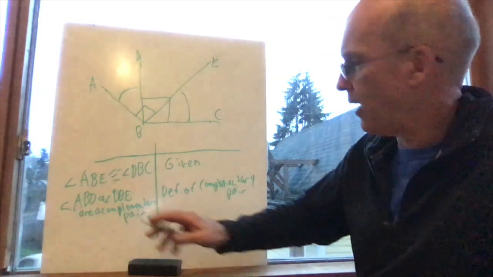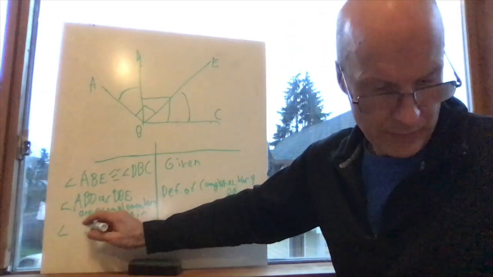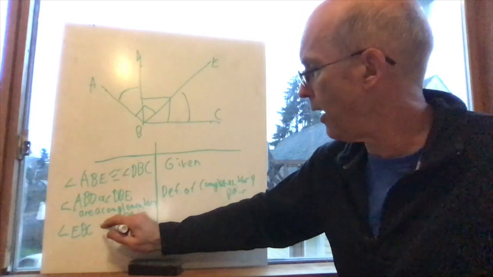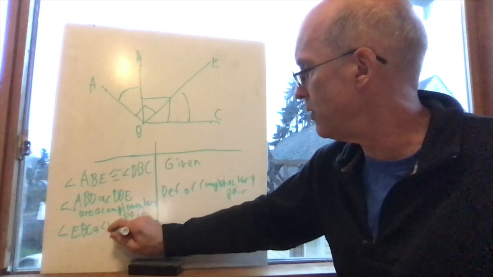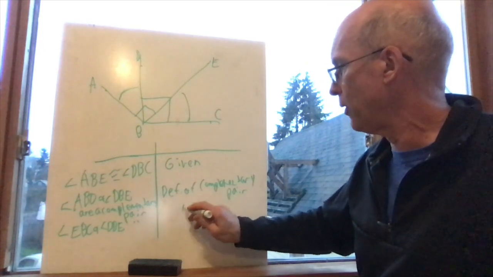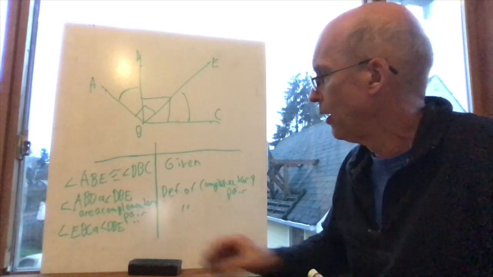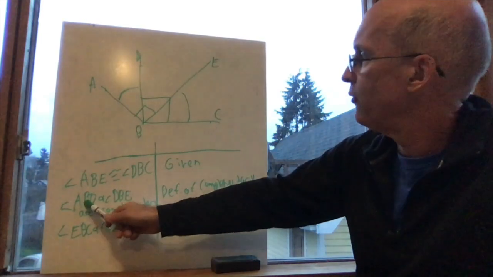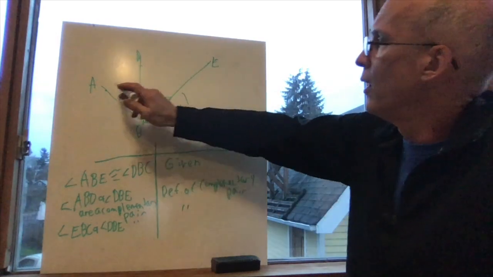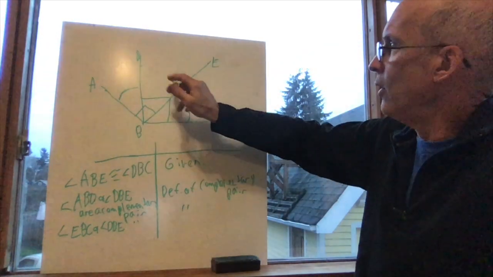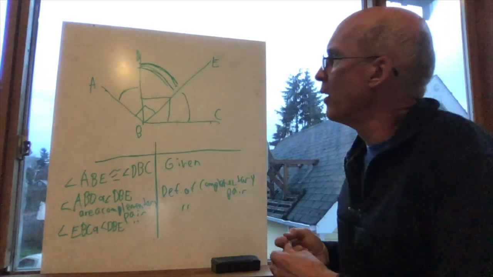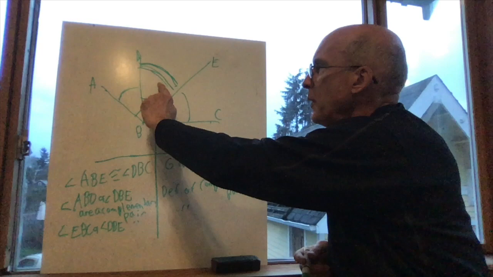You can do the exact same thing with angle EBC and angle DBE. Same thing and same reasoning. So now you see that we have two things that are a complementary pair with the same angle. Just focus on this angle right here. This is a complementary pair with it.